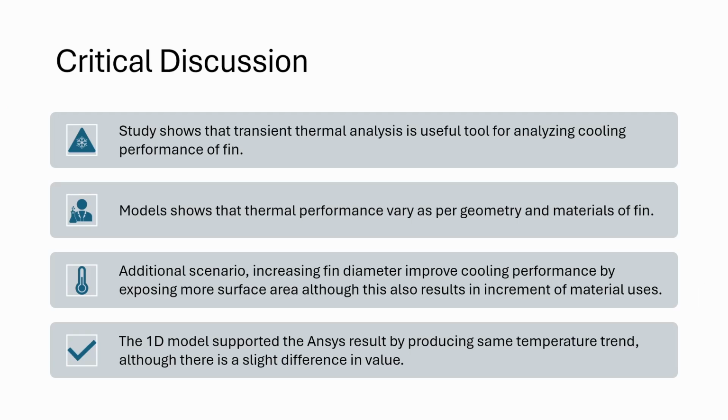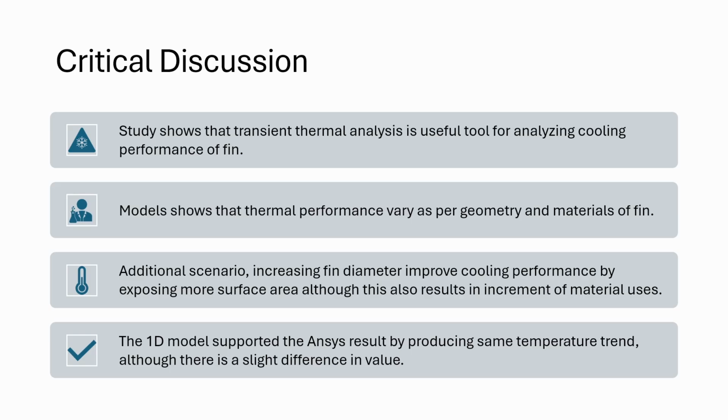We are doing good. Then for the final, we got to know that transient thermal analysis is very good for analyzing cooling performance. And the model shows that performance is dependent on geometry and material, which is a very important thing.